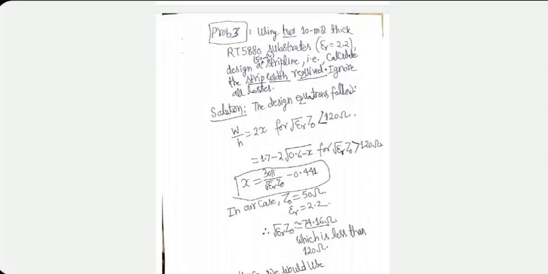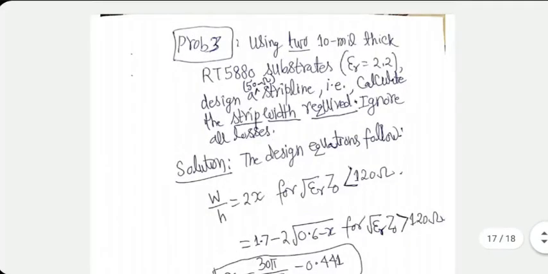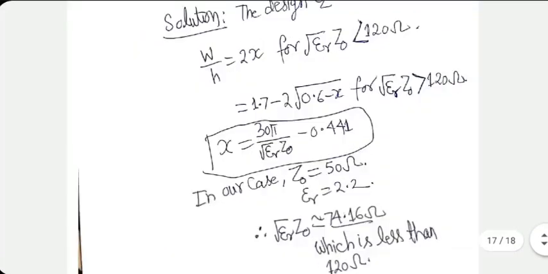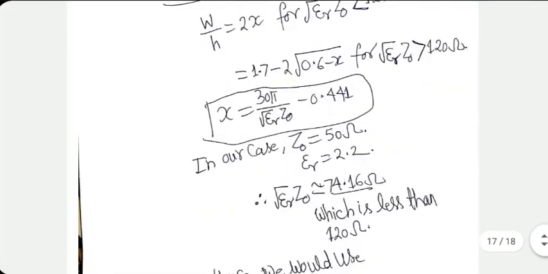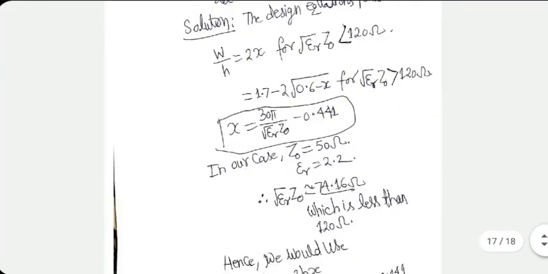So you first figure out the value of square root of epsilon r multiplied by Z naught, so that you know which formula to use. Epsilon r is given as 2.2, take square root of that and multiply by Z naught required, which is 50 ohm. You get 74.16.